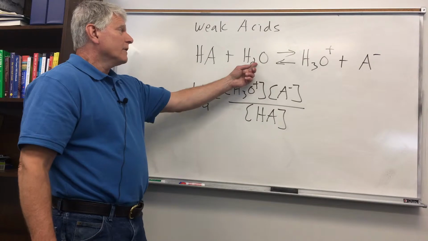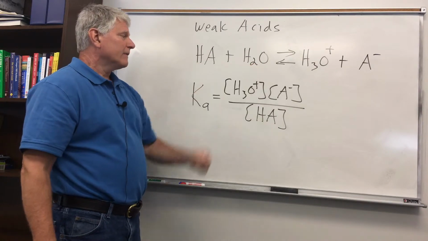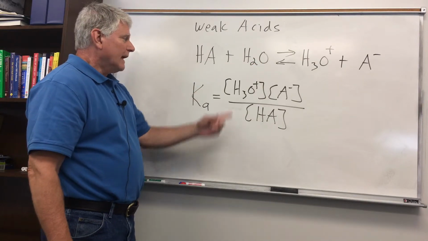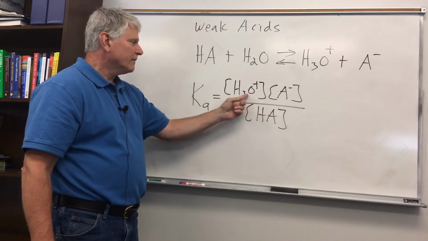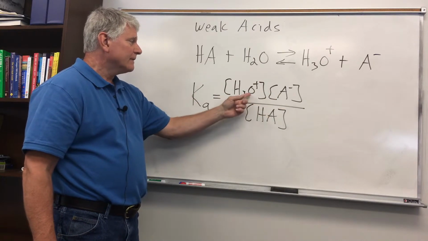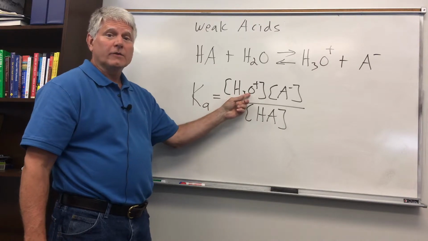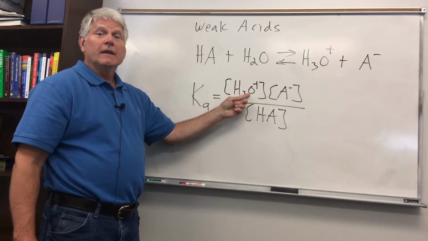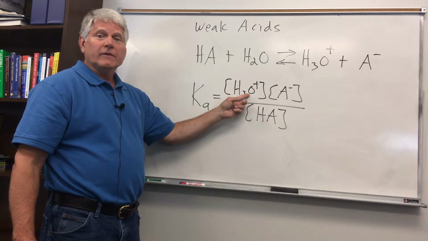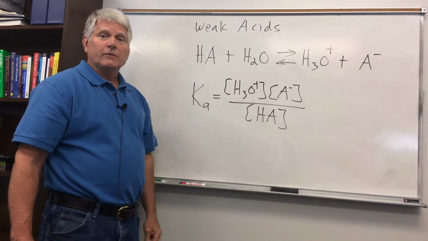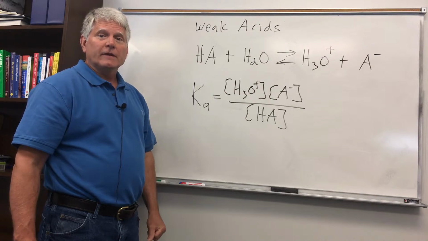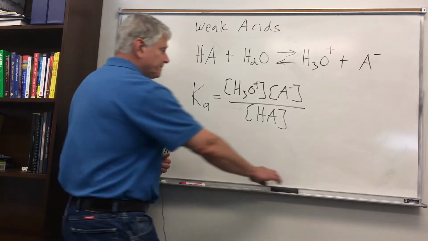And since water is a pure liquid, we leave it out of the equilibrium constant. And so we can solve for the equilibrium concentration of each of these three species. And since we solve for the concentration of H3O+, we can find the pH of the solution, since the pH is just the negative log of the H3O+ concentration. So let's do an example.